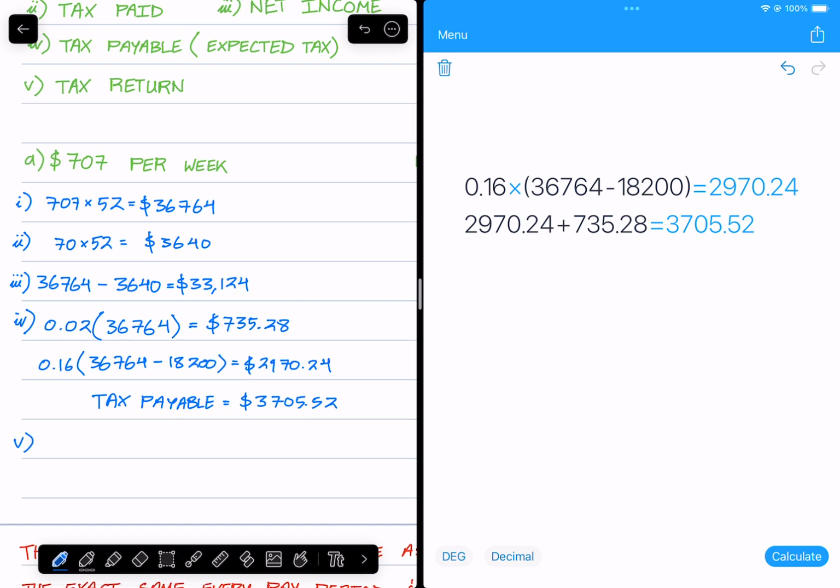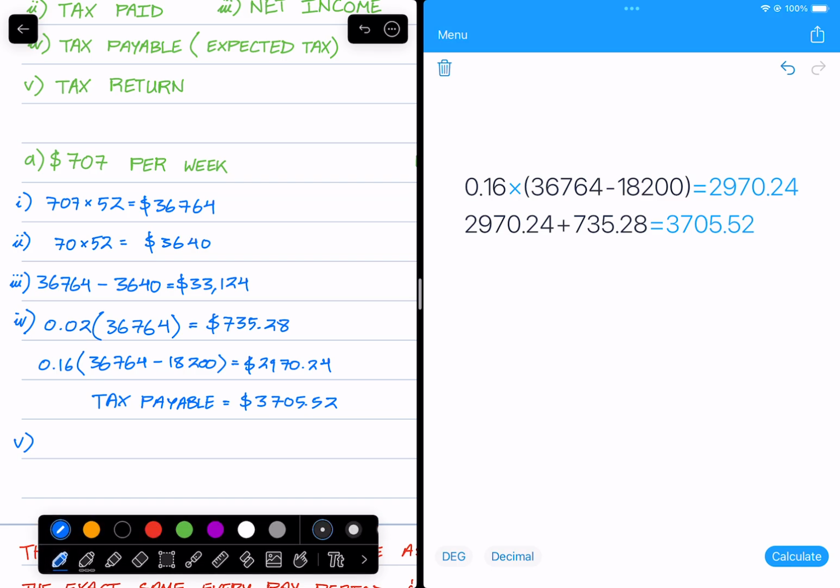Now, to calculate your tax return, you need to then do what you have already paid. Let's do this in a different color to understand. We have to take a look at your tax paid. And from this, we're going to minus your tax payable or your expected tax.